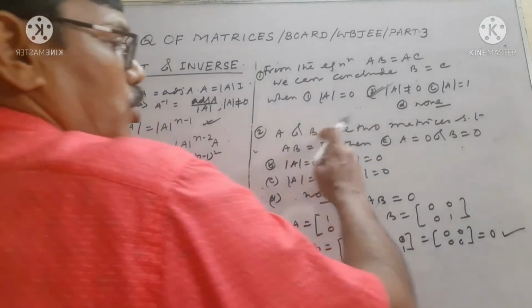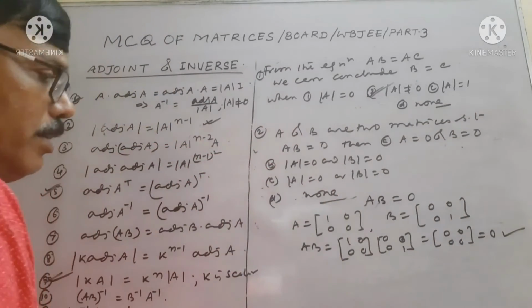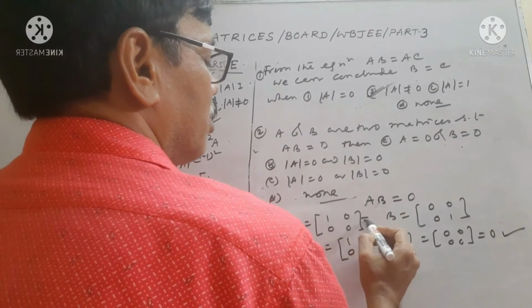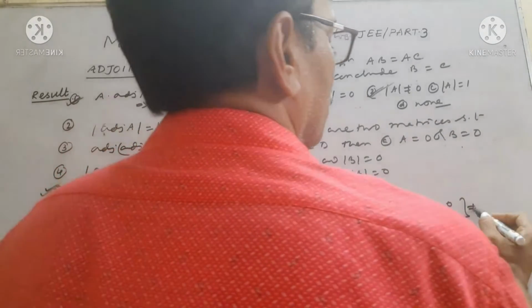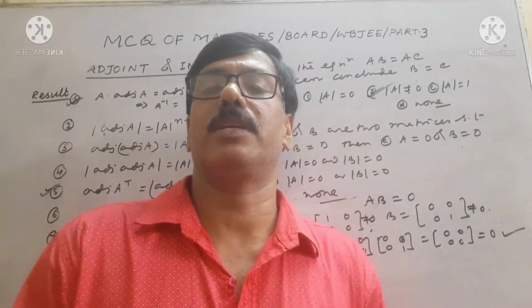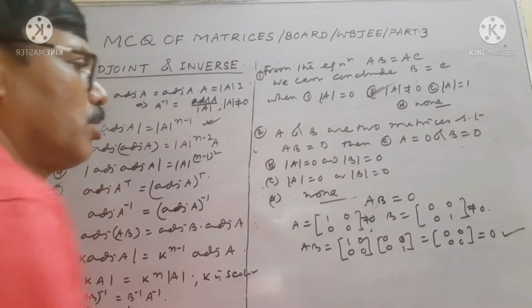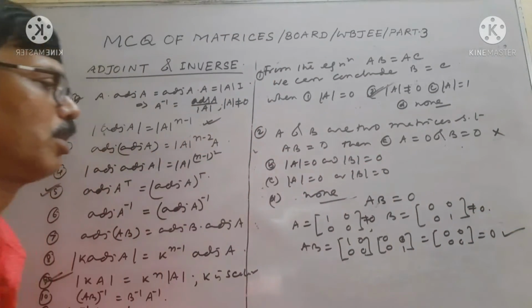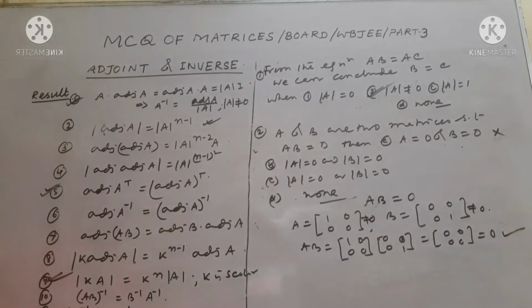So AB equals null matrix. It is satisfied, but here A is not null and B is not null. Product of two non-null matrices may be a null matrix. So this option is not always true.